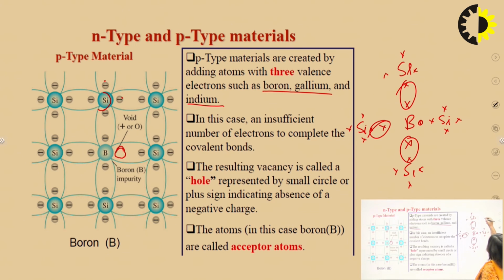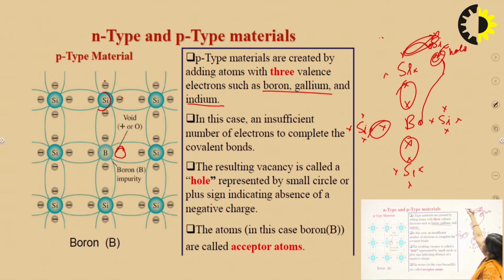Now if surrounding bonds break due to the temperature rise, electrons get liberated. These electrons will move within the crystal and come to the space where the deficiency of electrons is, so they will come in at this hole. Now where the electron is leaving, there will be a deficiency of electron, meaning another hole will be created.